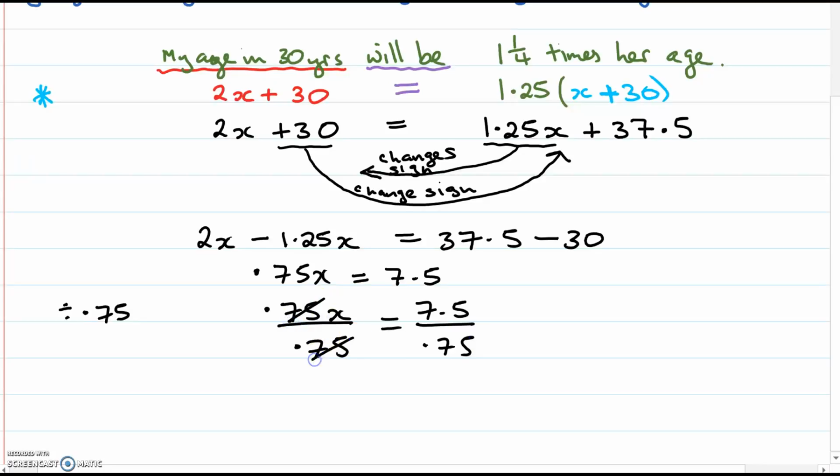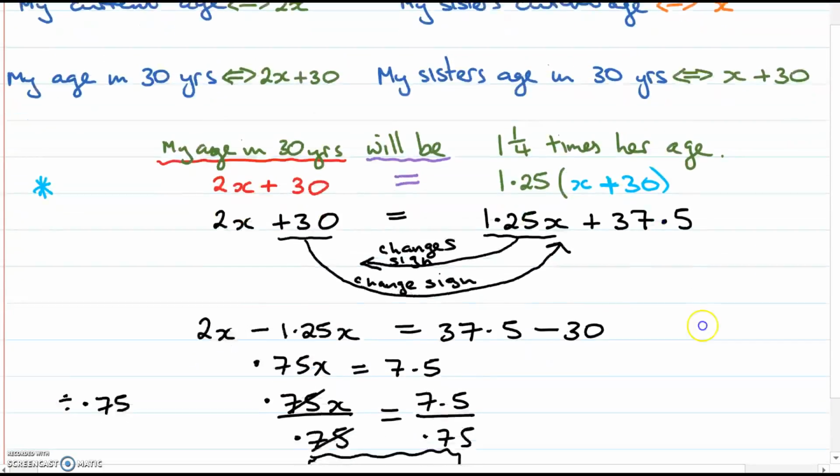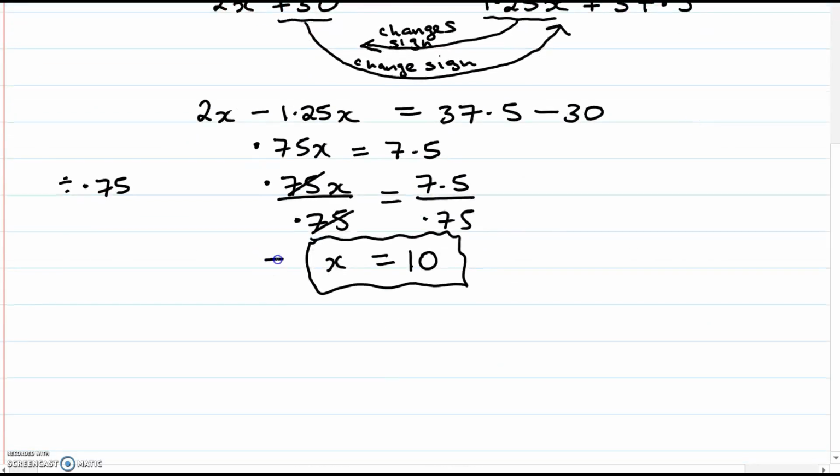So that's going to go away, and this is going to be x is equal to 7.5 divided by 0.75 is 10. Okay, x equals 10. Now what was x? X was my sister's current age. So that's my sister's current age.